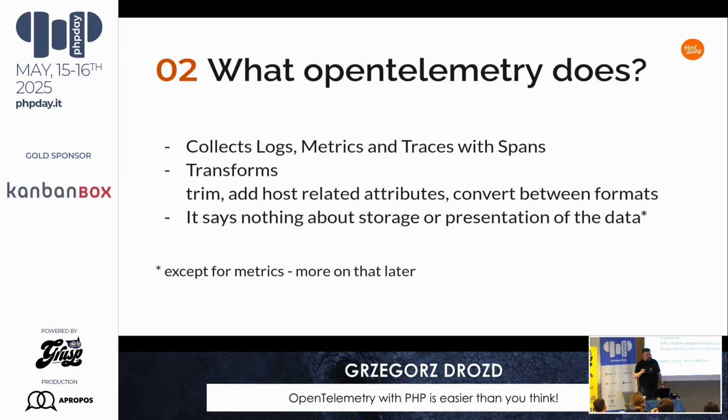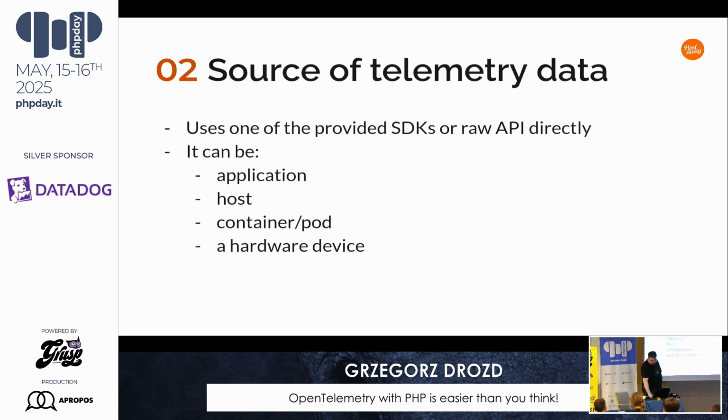And it says nothing about presenting the data. It doesn't even say anything about storing the data, except for the metrics, but that will be in the next slides. So basically, it's just a framework of getting the data and sending the data.